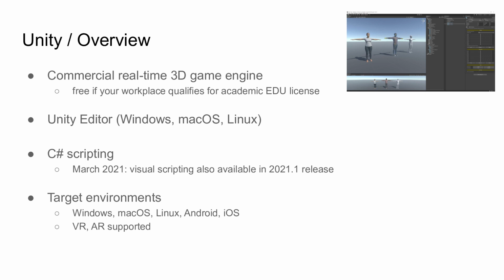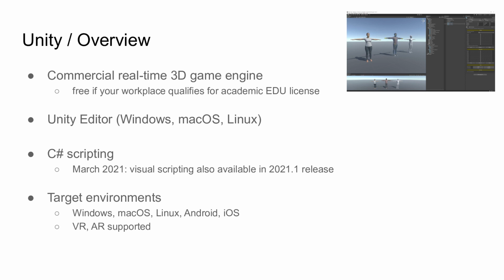Originally, there were 3 language options to script behavior in Unity. That included JavaScript, a Python-like language, and C# scripting. Due to the easy access of the C# framework and its collection classes, C# has established itself as the language of choice in Unity, and the other 2 language options have been removed from newer Unity versions.